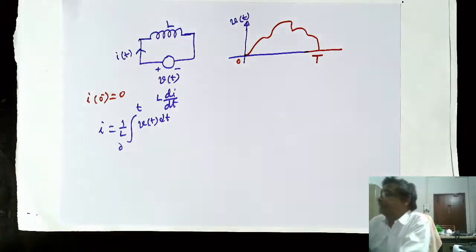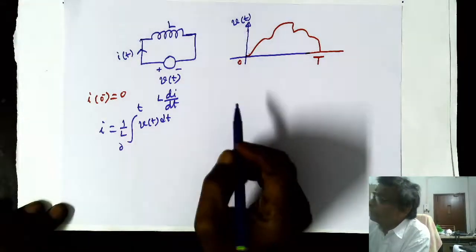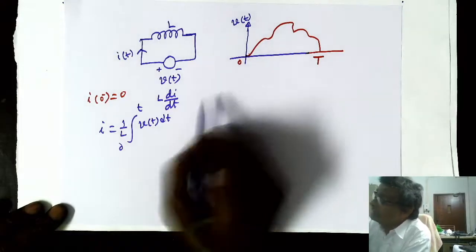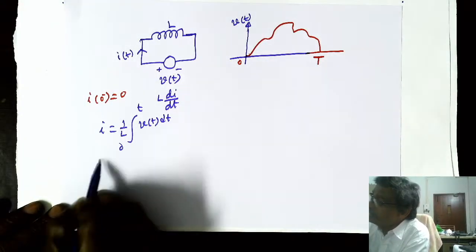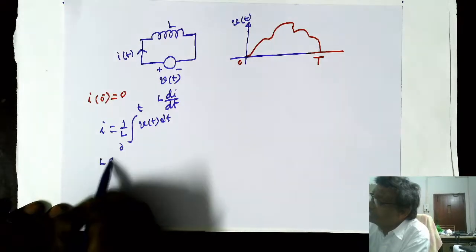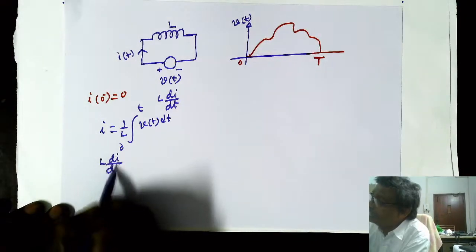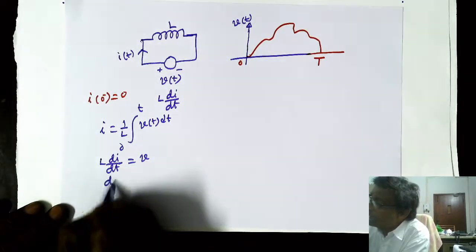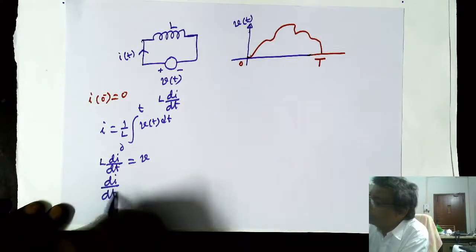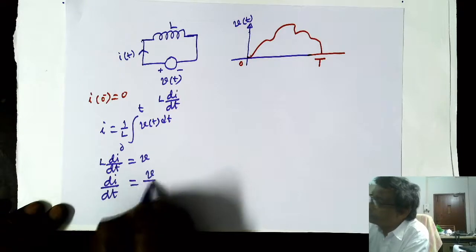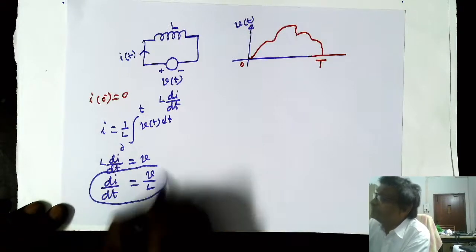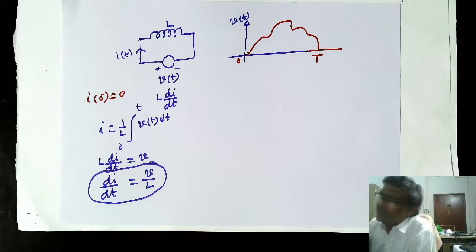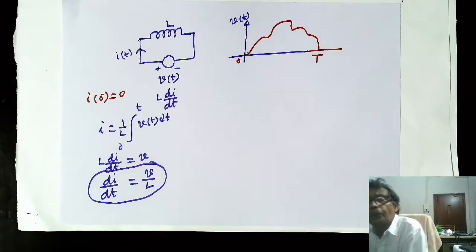Listen. L di/dt is V. L di/dt is the applied voltage, by the KVL rule, and di/dt is equal to V by L. Is it not? What is di/dt? di/dt is the slope of the current, how the current is changing with time.